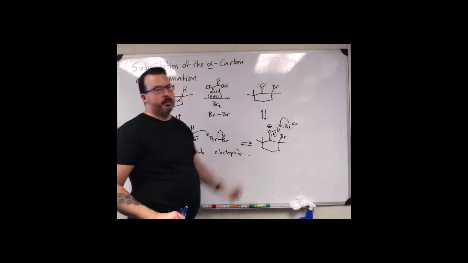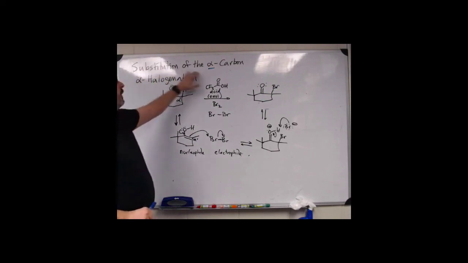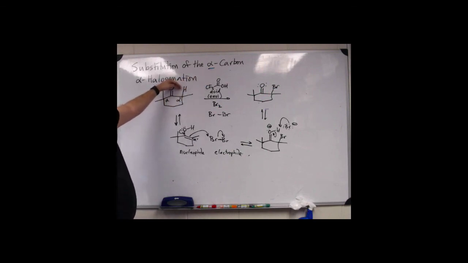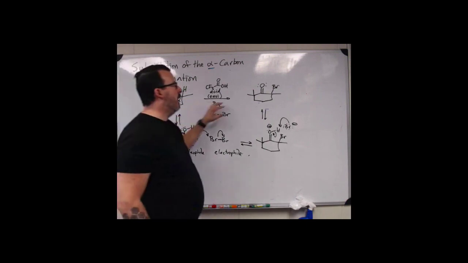So again, that falls under the substitution of the alpha carbon. Always, we're removing the alpha CH bond, and we're then substituting it for some electrophile. In this case it's bromine, so we've done alpha bromination.